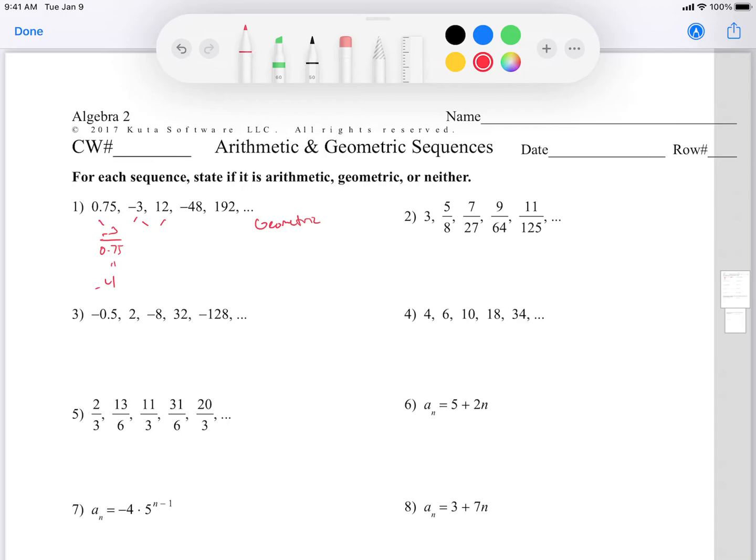What is 12 divided by -3? -4. -48 divided by 12? -4. And 192 divided by -48? Yep, -4. So even though this is a really wonky one, this is absolutely geometric.